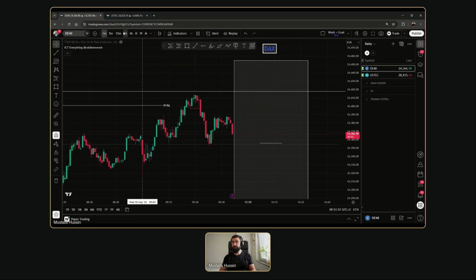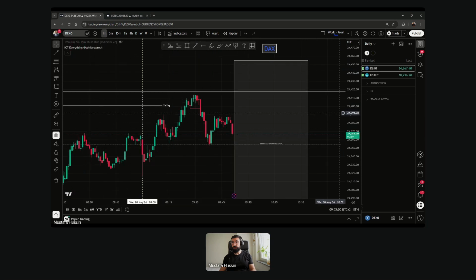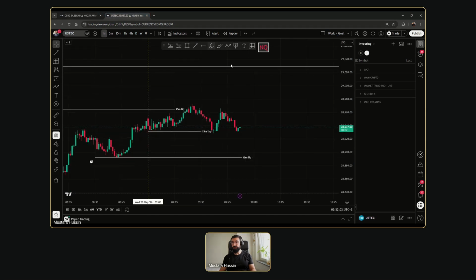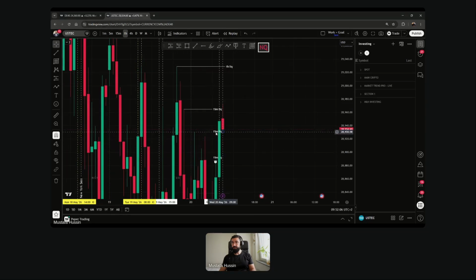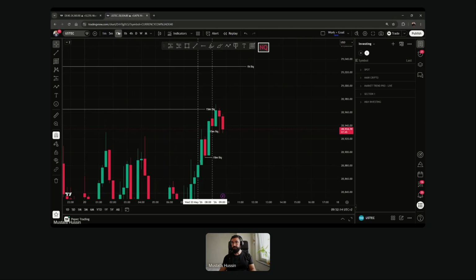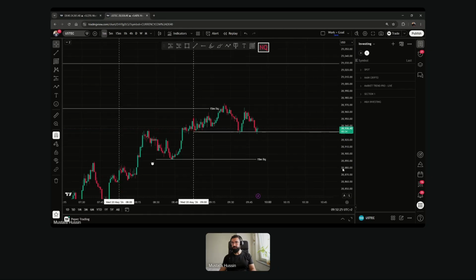Let's see here. It swept 1 hour liquidity. This is on the DAX. On the Nasdaq, the 1 hour candle is about to close. It's taken out this breaker. I'm still bullish.